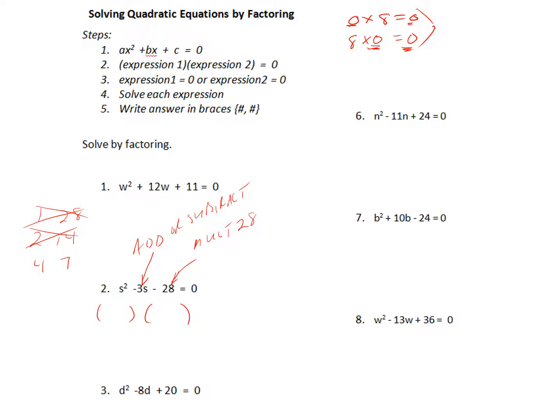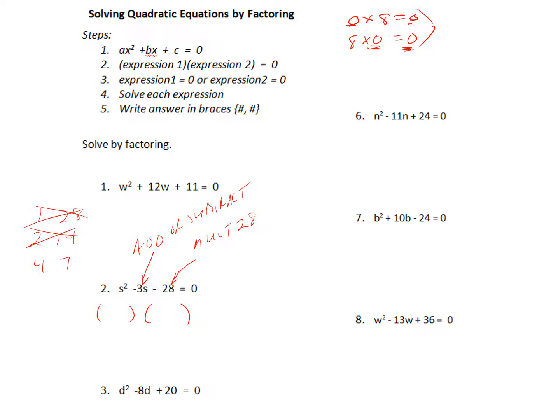So I look at the 28, and it's a negative, right? Which means one of these numbers is going to have to be negative, and one's going to have to be positive. So it's either going to be a -4 and 7, or 4 and -7. Well, remember I got a hint here that if I add these, I'm going to get a -3, right? So that means the bigger of these two numbers has to be a negative number. Think about that.